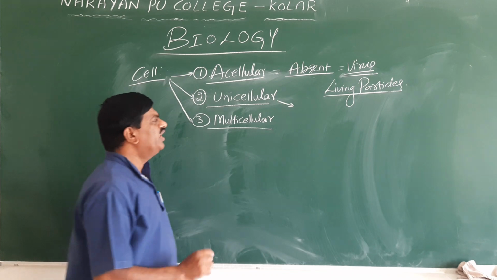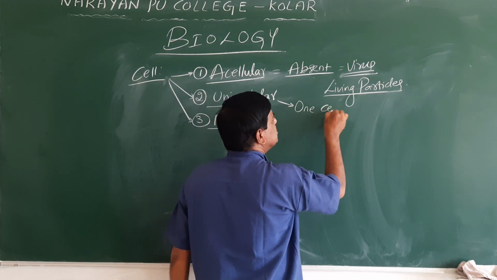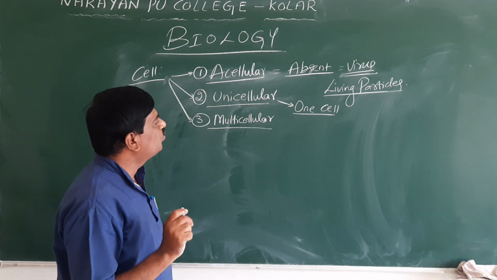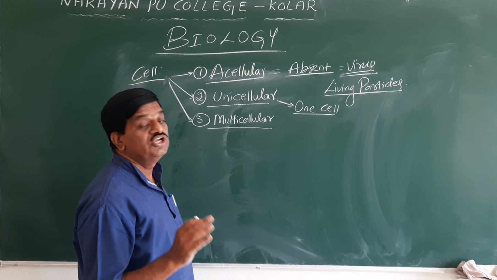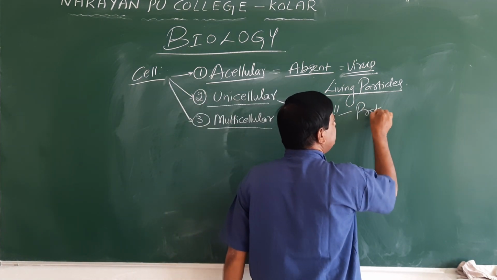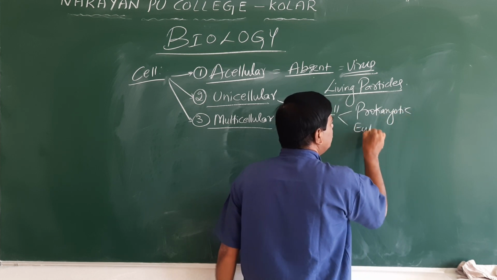Now we go for unicellular. The word unicellular is always called single cell, one cell, or the organism is made up of only one cell, hence it is called unicellular. Here the cell may be a prokaryotic cell or eukaryotic cell, but it is made up of only one cell.